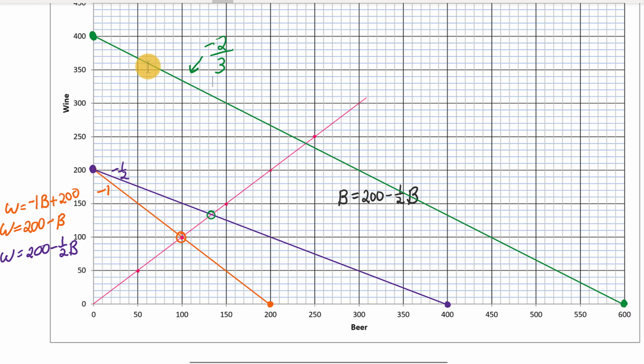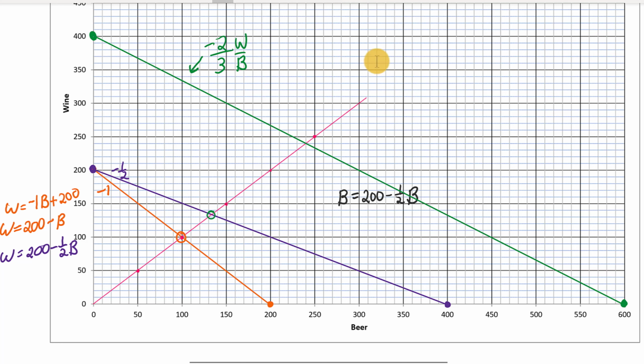For every 2 barrels of wine that the French send over to the United States, the United States has to send 3 barrels of beer. Just think about this exactly as a slope: rise over run. Rise is wine, run is beer. So this tells us the exchange rate of wine for beer.